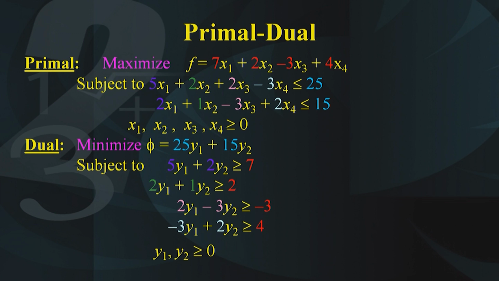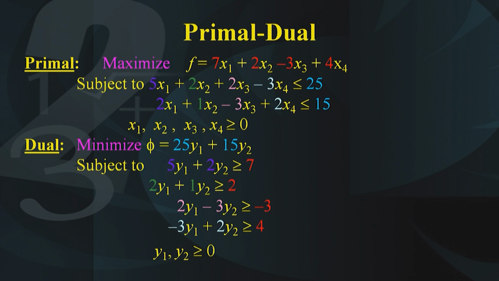Of course, the decision variables have to be renamed, because in the primal there are 4 decision variables, whereas in the dual there are only 2 decision variables. And of course, these decision variables will be different. The primal variables will be x1, x2, etc., and the dual variables will be y1, y2.